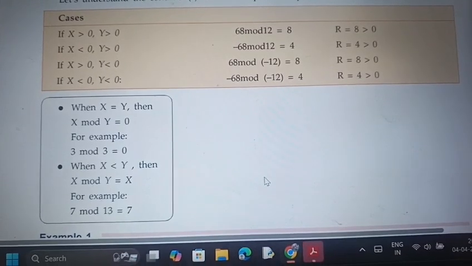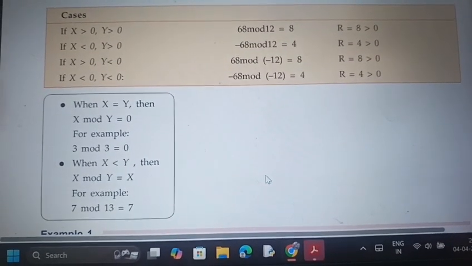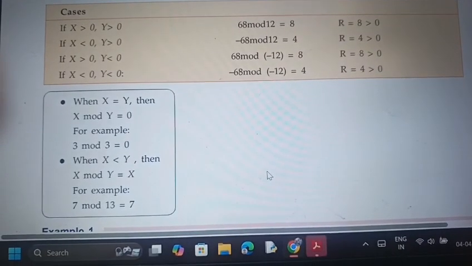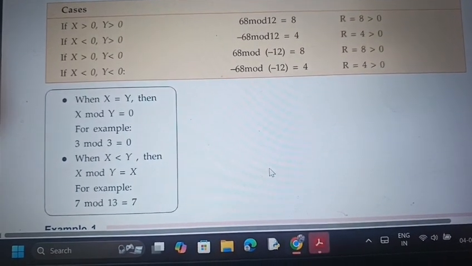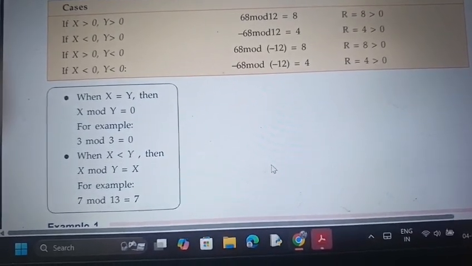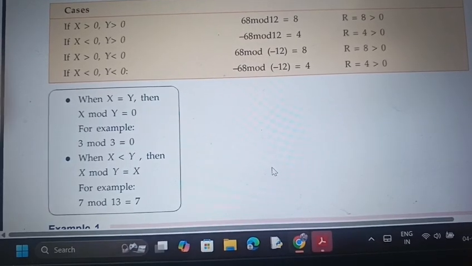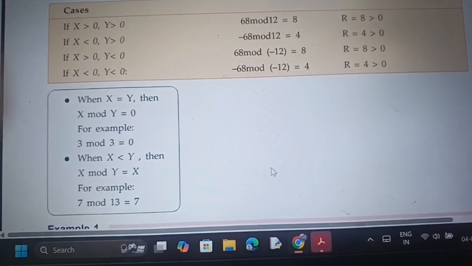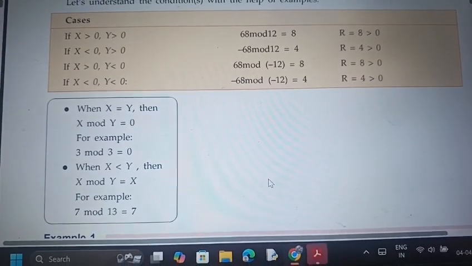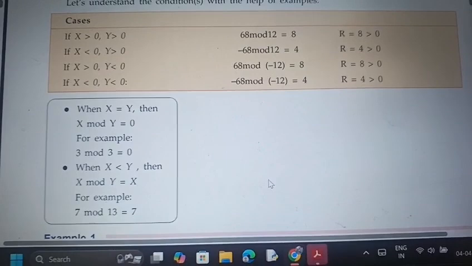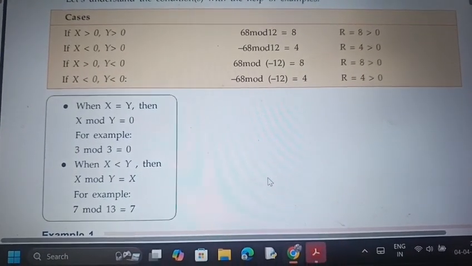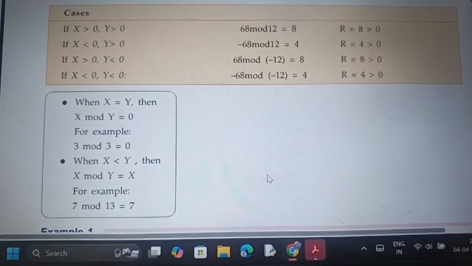If x is less than 0 and y is greater than 0, minus 68 mod 12 is equal to 4, where r is equal to 4, greater than 0. If x is greater than 0 and y is less than 0, then 68 mod minus 12 is equal to 8, where r is equal to 8, greater than 0. If x is less than 0 and y is less than 0, then minus 68 mod minus 12 is equal to 4, r is equal to 4, greater than 0.